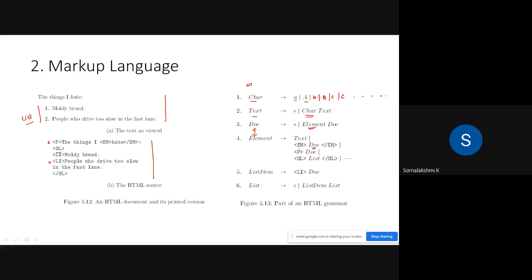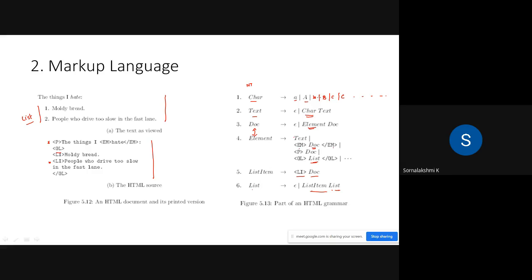OL, /OL enclose a list. List is a non-terminal; you can expand or rewrite it with list item or another list. List item is another non-terminal; you can expand it with an LI tag and a doc. Doc again can be expanded with element, and element has text. So it goes recursive like this.